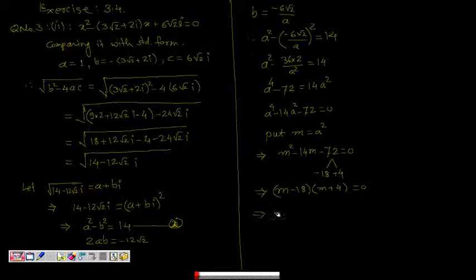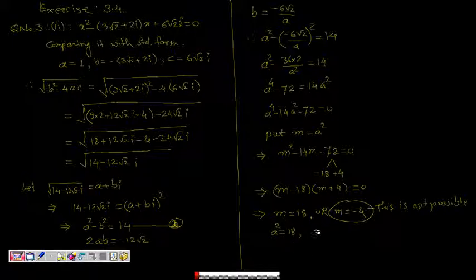So we may have the answer m is equal to plus 18 or m is equal to minus 4, but we know that this m is the value of a square, m is a square, a is a real, तो रियल नंबर का स्क्वायर हमेशा पॉजिटिव होता है, तो ये नेगेटिव हो सकता है क्या? सो दिस इज नॉट पॉसिबल, है ना? सो m is equal to 18, but m is a square is equal to 18, so a is equal to root of 18.